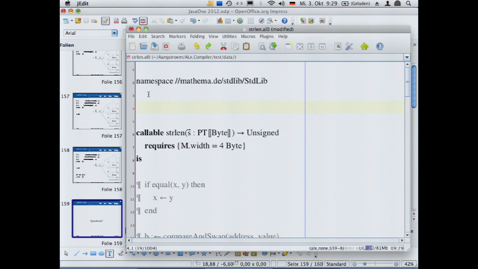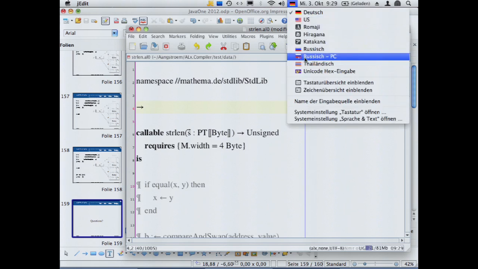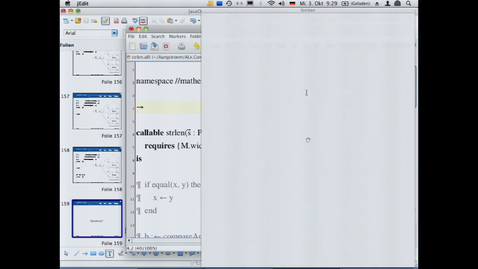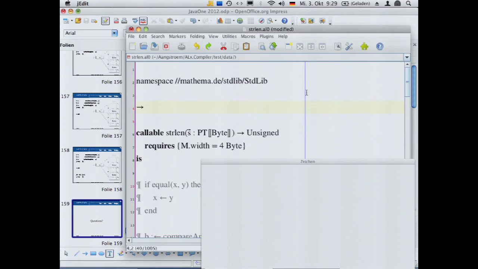If you type, for example, minus and then greater, it shouldn't be a problem. I don't have the time to write an Eclipse plugin or something, but it's no problem. On the Mac, you can use, for example, those tables, and you get used to it.